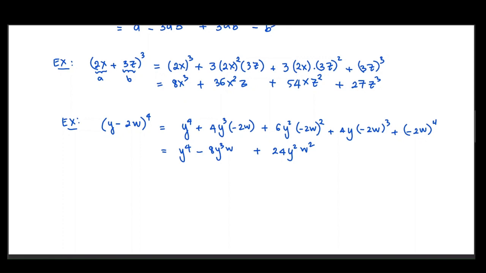This is cubed and negative, so negative times positive, we have negative. 2 cubed is 8, 8 times 4 is 32, y w cubed. And the last one is to the power 4, so the negative disappears, we still have positive. 2 to the power 4 is 16 and w to the power 4.